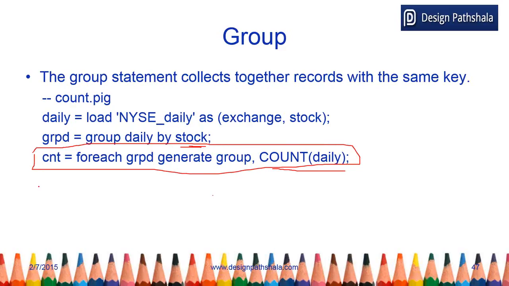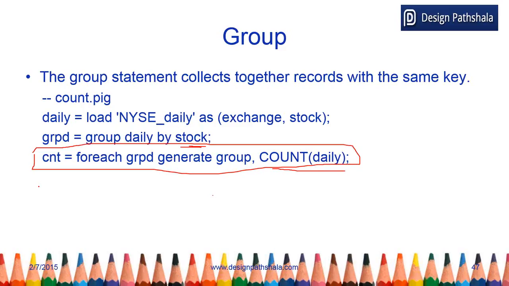For each group, the group is group of daily on stock. For each group generate group comma count daily. Can anyone guess what it will produce? Number of entries by stock. Yes, perfectly fine.